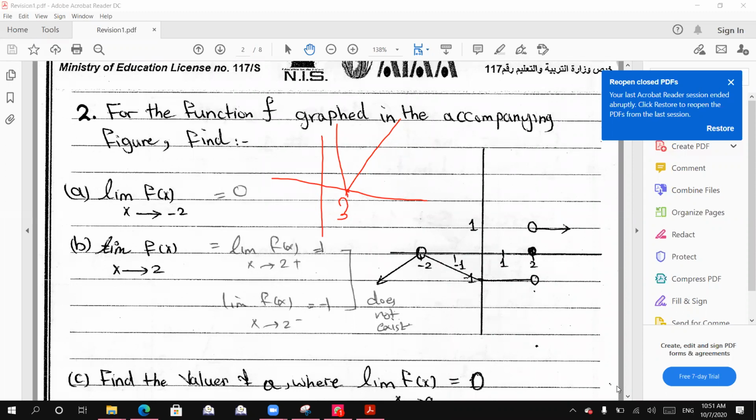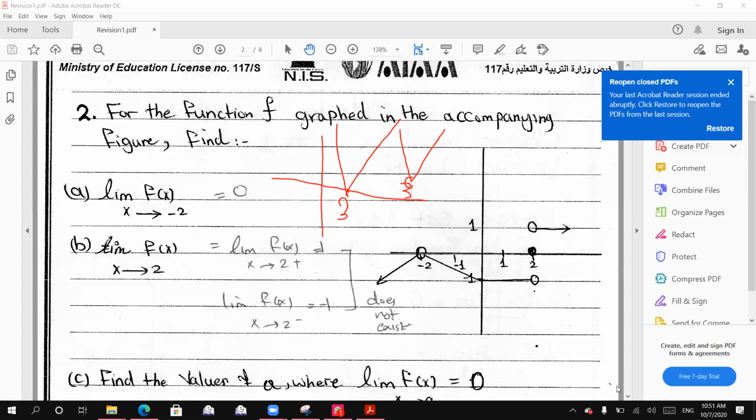Now, if it's closed, and this is also my explanation for all the girls, if it's closed like this at point 3, that means there's a value of the function, and there's a value for f of 3. But here, if you look at point -2, it's open. What does it mean?